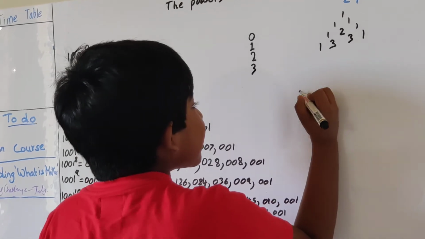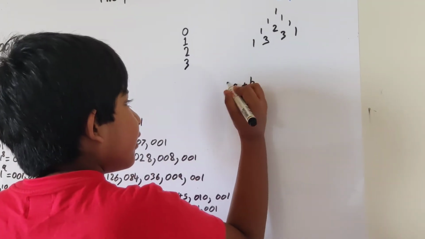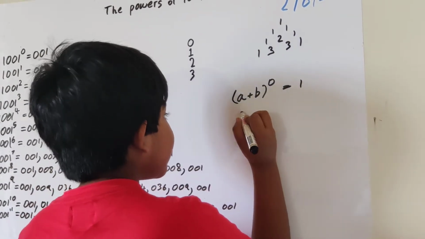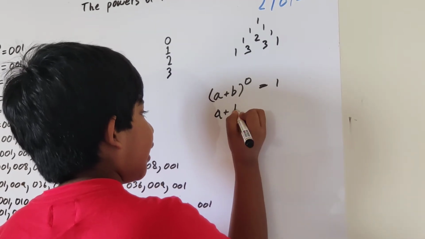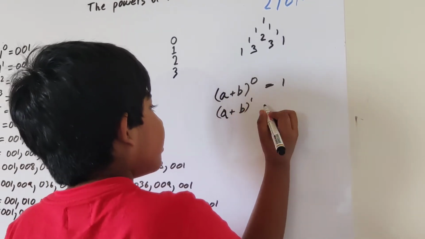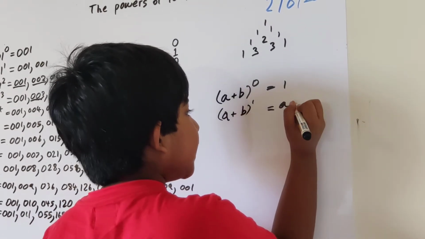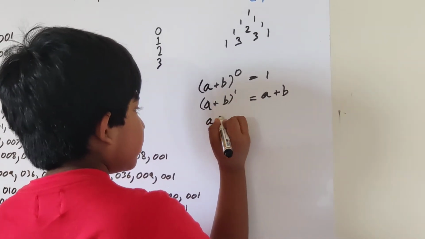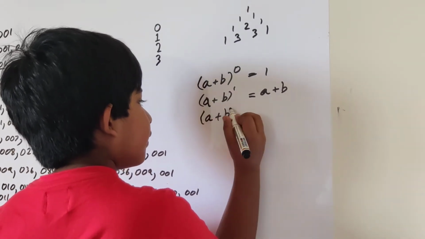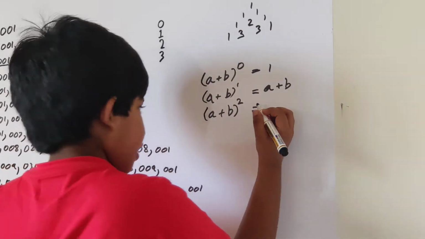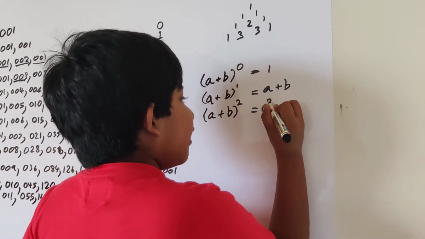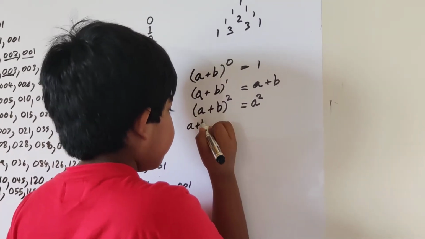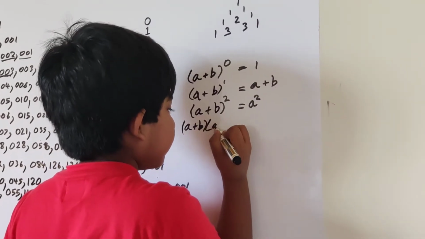When you take a plus b to the power of 0, it is equal to 1, of course, because anything to the power of 0 is 1. A plus b to the 1 is equal to a plus b. A plus b to the second power is equal to a plus b times a plus b.